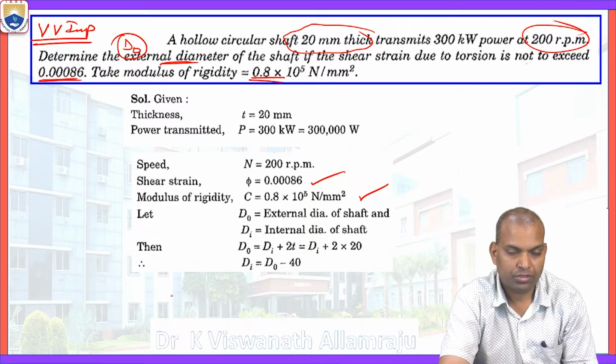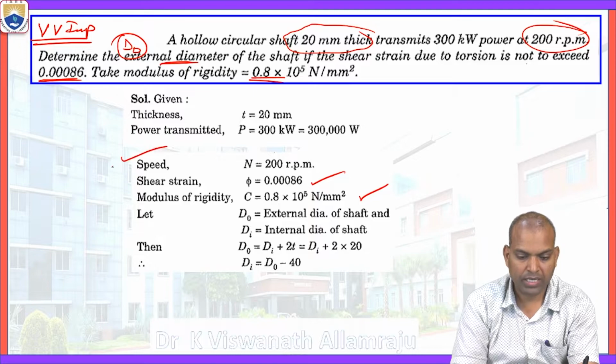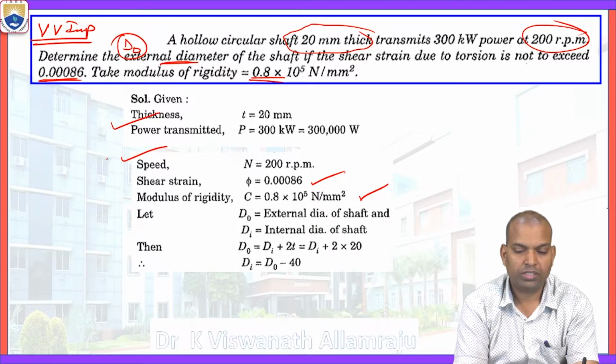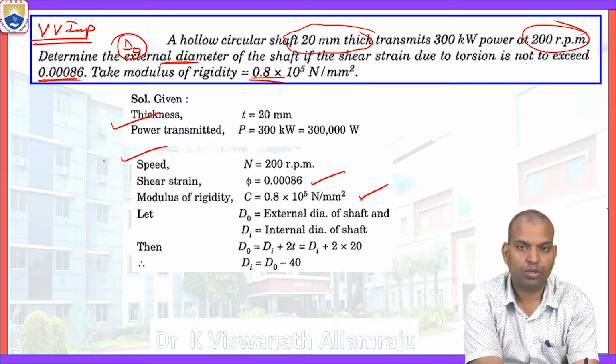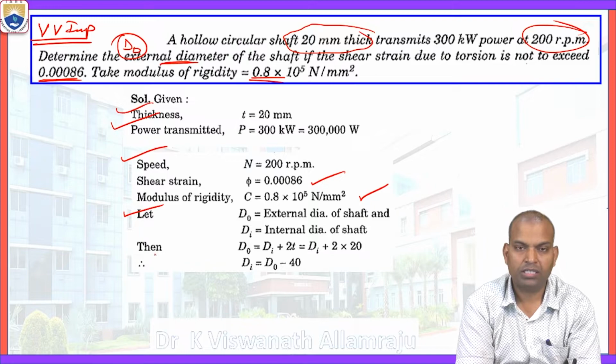Shear strain 0.00086, where N is 200 rpm. Power transmitted P equals 300 kilowatts, converted into watts, that is 300,000 watts. T is 20 millimeters. Now D naught is the external diameter of the shaft and Di is the internal diameter.